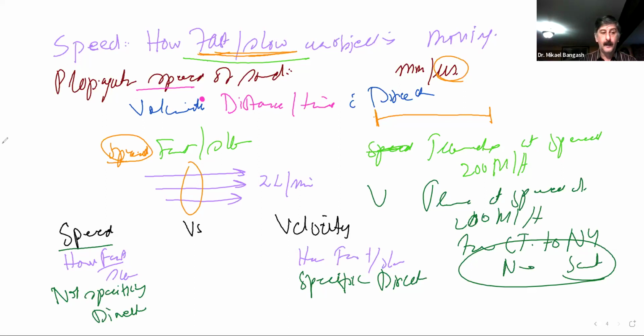Here you can take any unit of distance and any unit of time. It doesn't have to be millimeters per microsecond. It could have been meter per microsecond, or kilometer per microsecond. Clear?